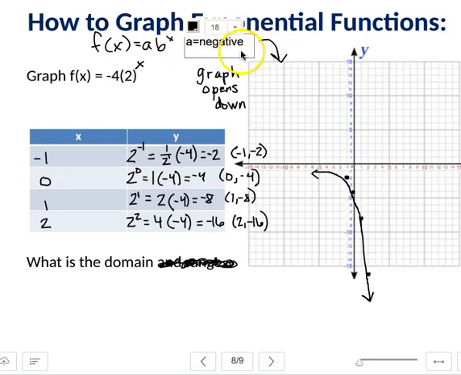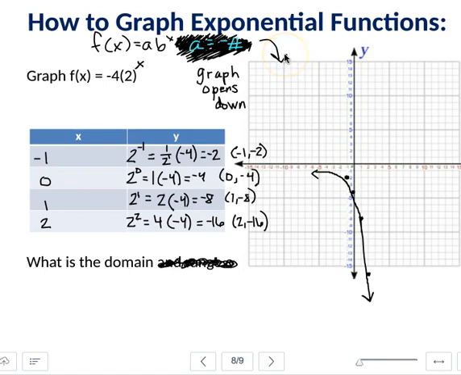I think I might have put up just less than 0, but if A is less than 0, that could include fractions like 1/2, and if it's 1/2, you're still going to get that upward opening. But when A is a negative number, it's going to open down.